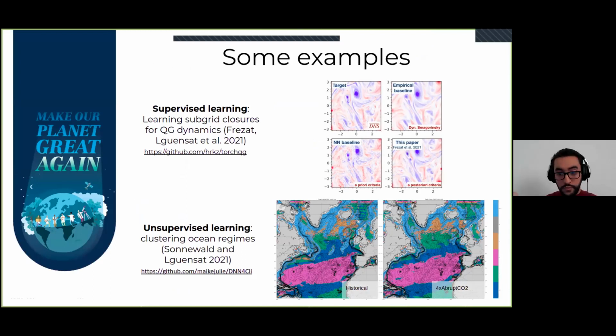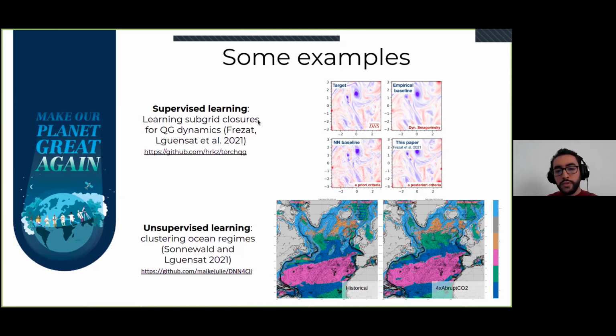For example, when you are doing PCA, you don't tell your PCA algorithm to follow a label or something. It is actually a paradigm. There is a cost function to minimize, and the PCA does the job. Okay, so this is one way to see unsupervised learning. So the first example was actually to learn what we call subgrid closures.